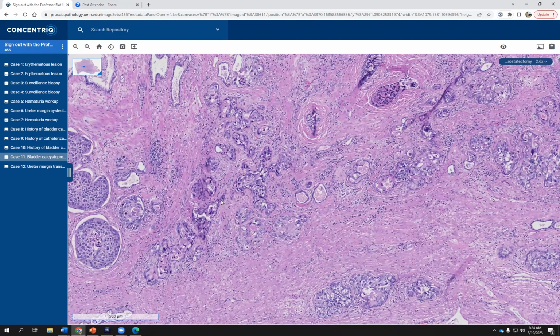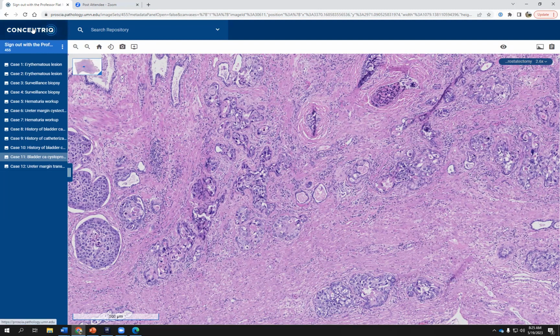So one might question that logic, because we know that urothelial carcinoma can also be positive for CK56 or high molecular weight keratin. However, CK56 is preferentially more positive in the basal cells of the prostate glands and acini compared to urothelial carcinoma.